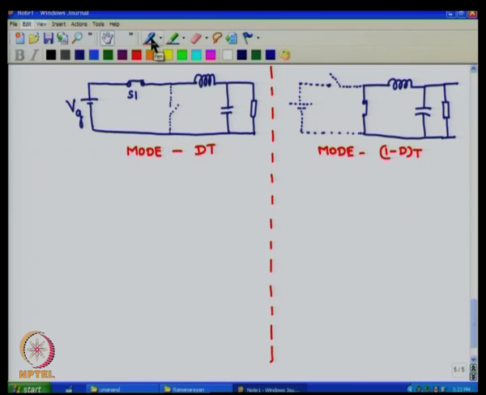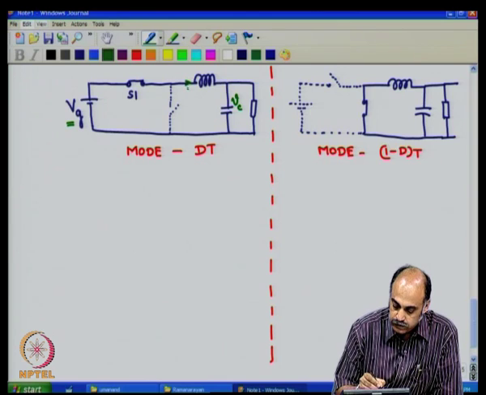Identification of the variables. Vg is one of the variables, the input variable. Vc across the capacitance is another variable.